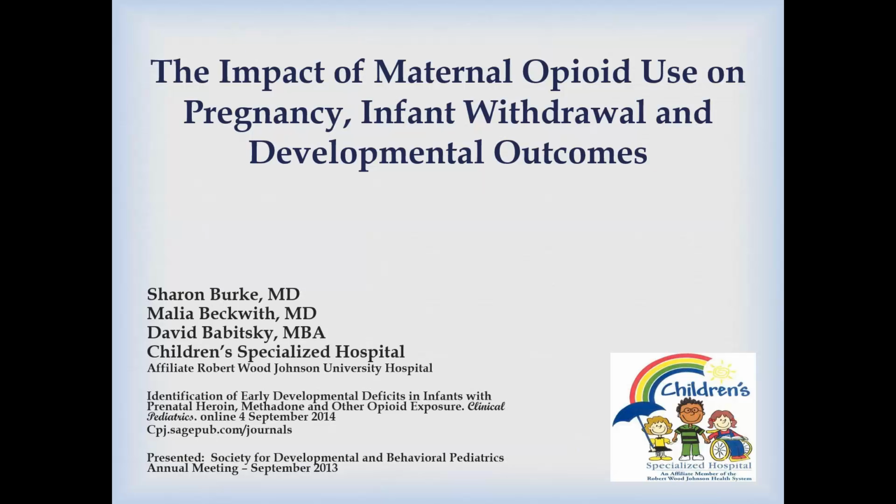Are you speaking in terms of other substances of abuse or medical conditions? Both. Polysubstance use, a late entry into prenatal care, poor nutrition, any of those other factors that may impact these babies. Tobacco use comes up a lot, and that's not considered an illegal substance.